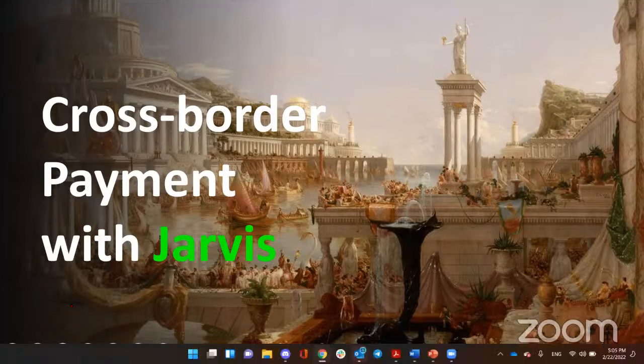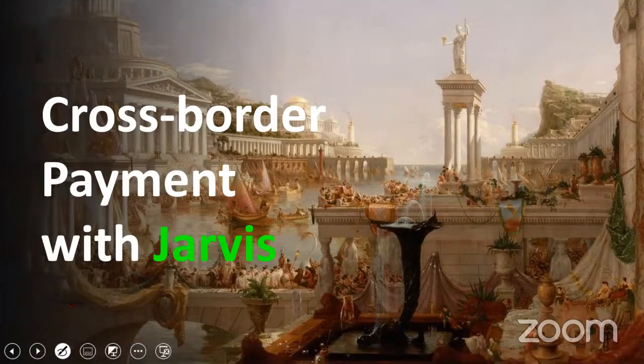Okay, so let's start this live, which is a bit different from the other lives that we are doing. I just wanted to highlight in this live a use case that can happen with Jarvis, but also with other protocols that we combine with Jarvis in order to perform cross-border payment.